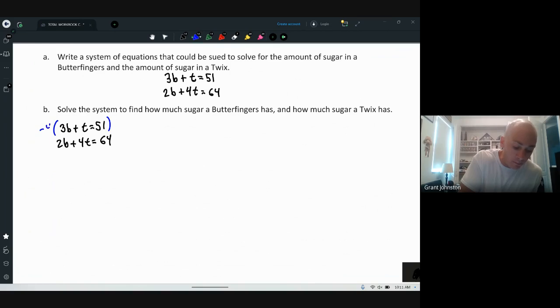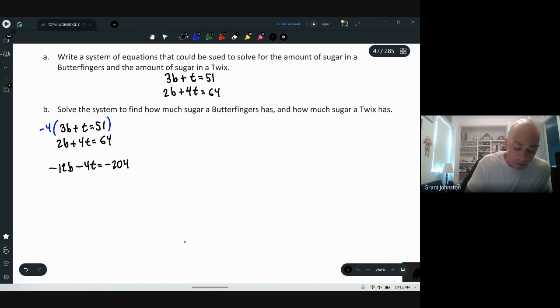So that's what I'm going to do. That's going to be negative 12b minus 4t, because it's negative 4 times 1t. Negative 4 times 51 would be negative 204.